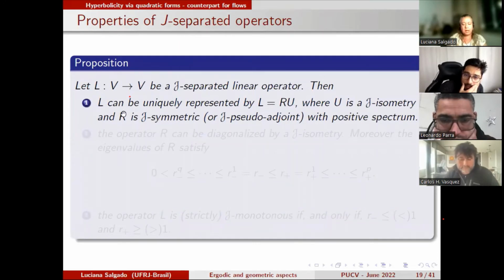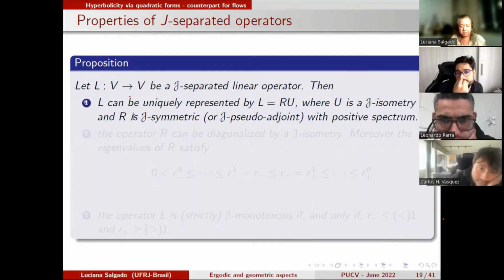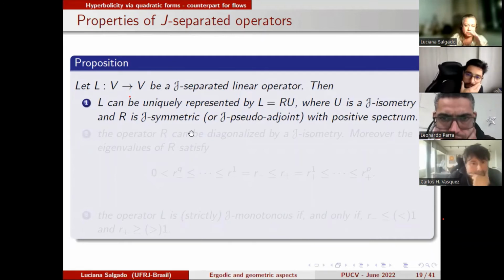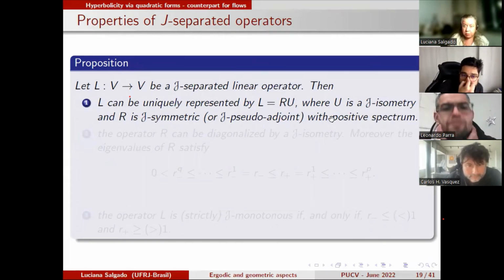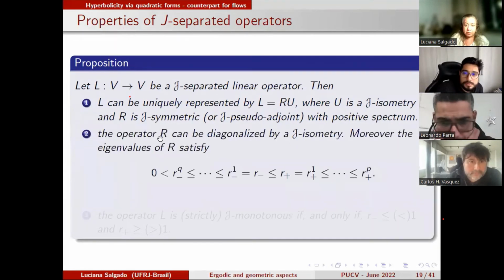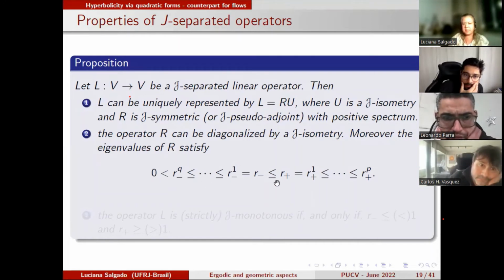So I'm going to show quickly some properties of the quadratic form that I'm going to use after. So if we have a separated linear operator, then we can make a polar decomposition of it by one isometry and a J-symmetric operator with positive spectrum. This operator R can be diagonalized by a J-isometry, and thus its eigenvalues have this kind of order here.